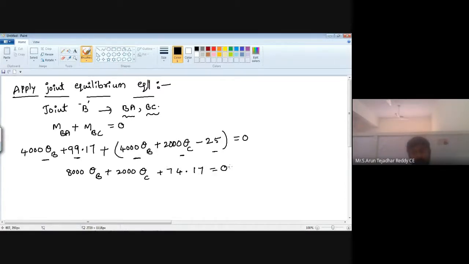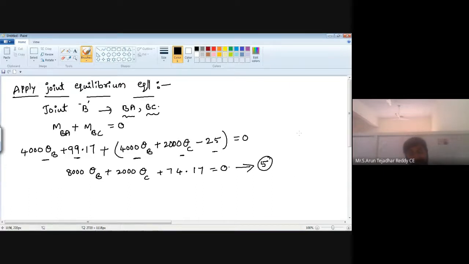This is equation number 5. But in equation number 5, we have two unknowns. If there are two unknowns, what can we do here?